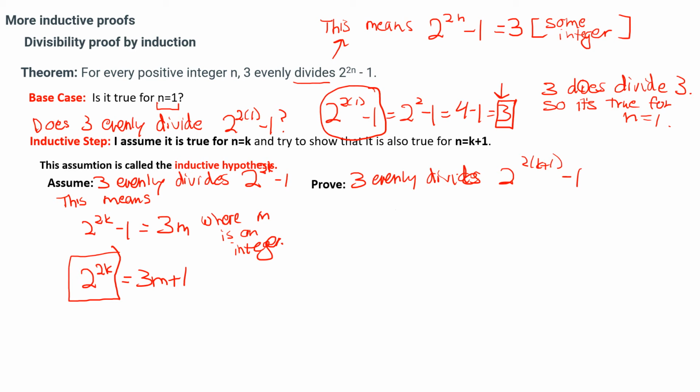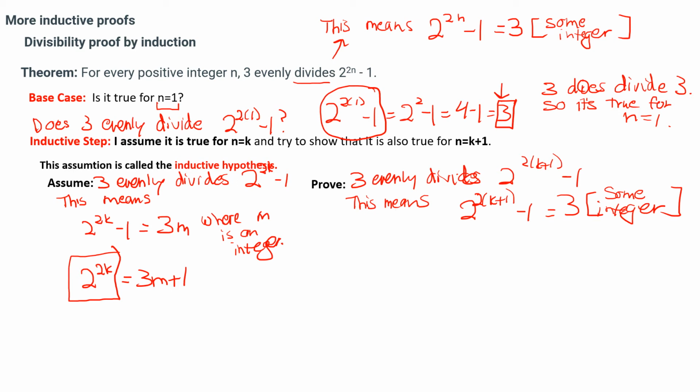And remember, this means 2 to the 2 times k plus 1 minus 1 is equal to 3 times some integer here. I'm not going to call it anything in particular. We just need to show that it's 3 times some integer, whatever it would end up being.